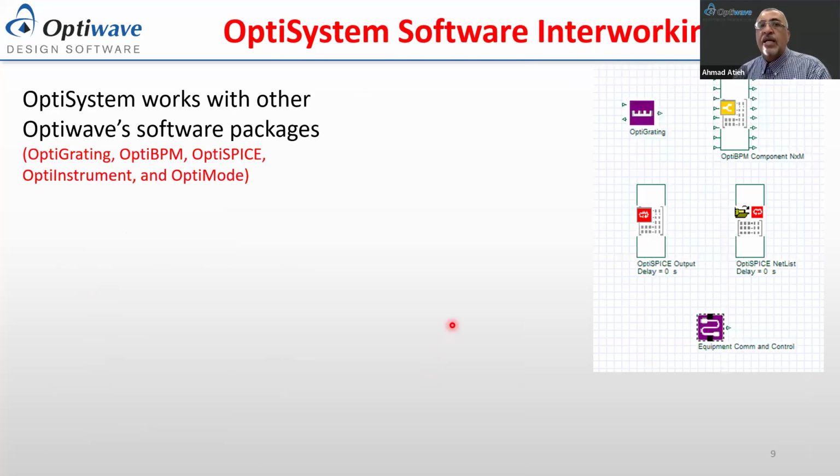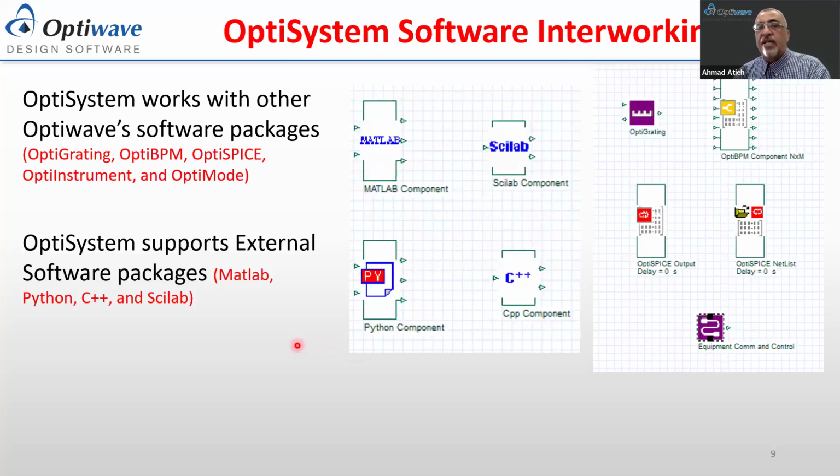Now, OptiSystem also has a unique feature, which allows users to communicate with other software packages in Optiwave offering, which is OptiGrating and OptiBPM, OptiSpice, as well as OptiInstrument. Also externally, we can support communication with MATLAB, with Python, with C++, as well as Scilab.